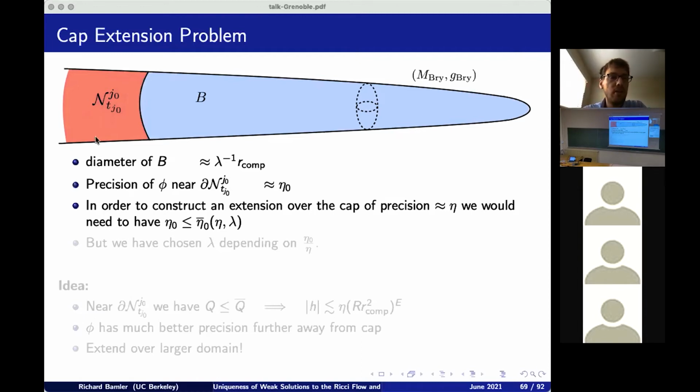You can recall that here the region looks almost cylindrical. So maybe you've chosen some really good almost isometry, which unfortunately is just shifting the radial parameter a bit to the right or to the left.